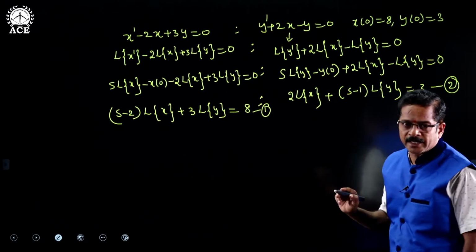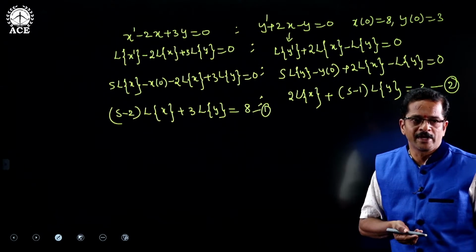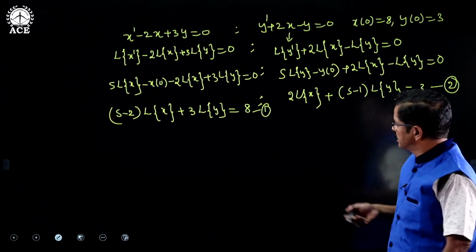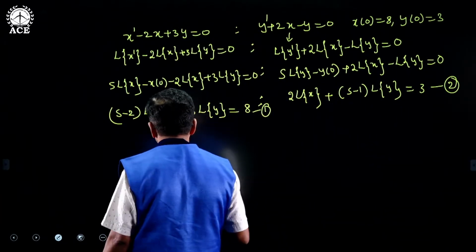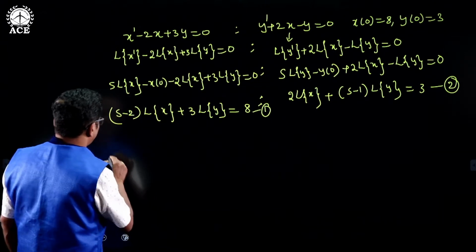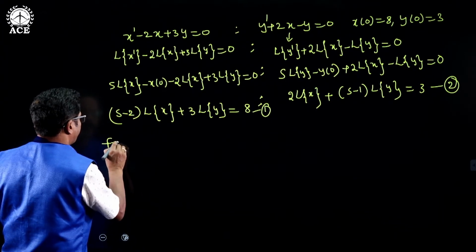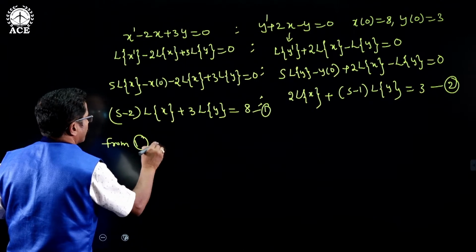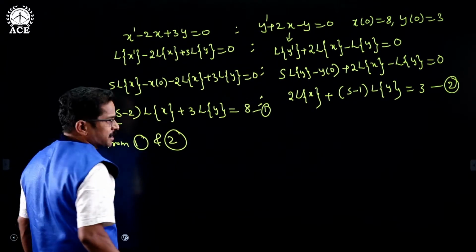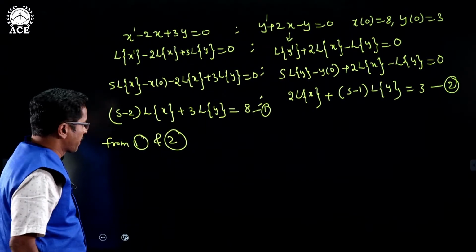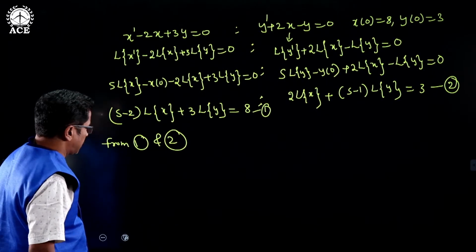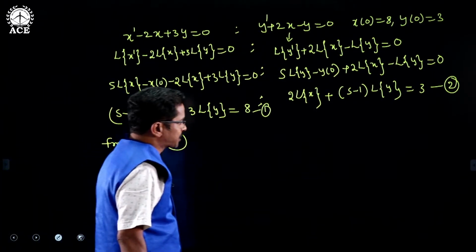Solving these first and second equations, we are going to evaluate L of x and L of y. So from the first and second equations I am just applying Cramer's rule. I think you are all aware of Cramer's rule.